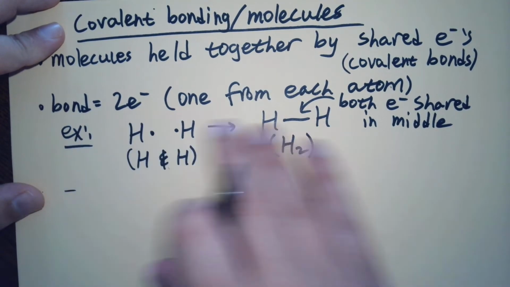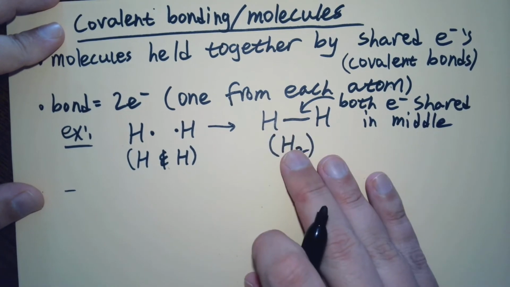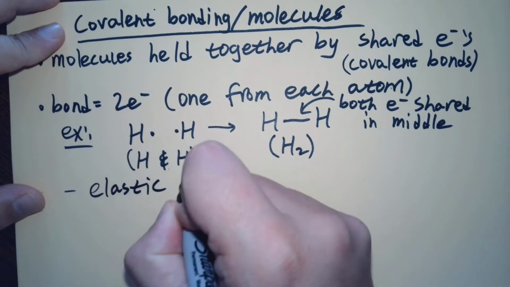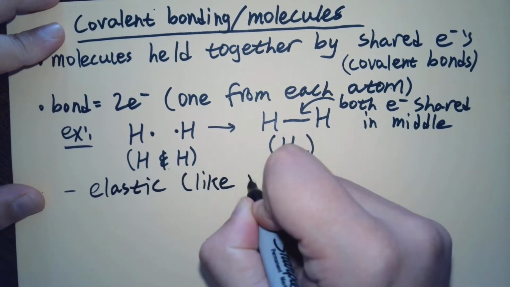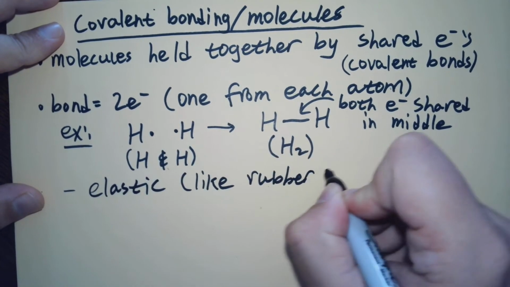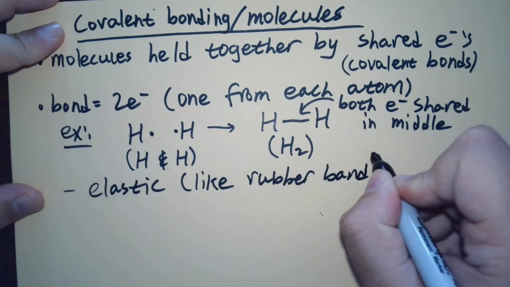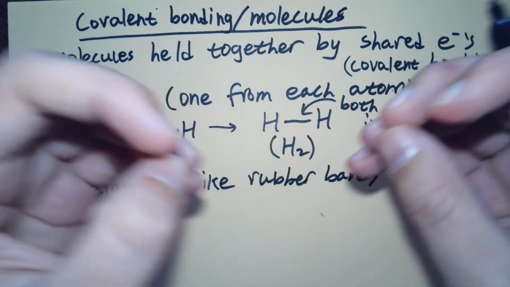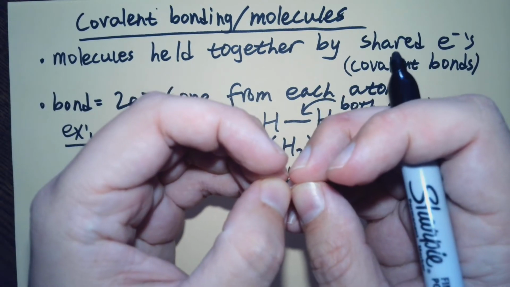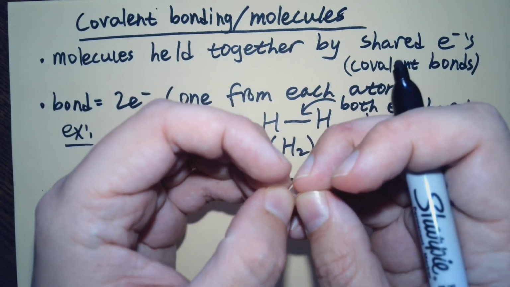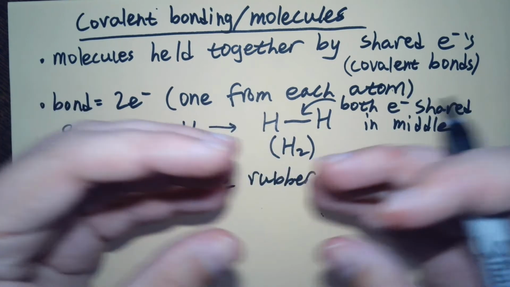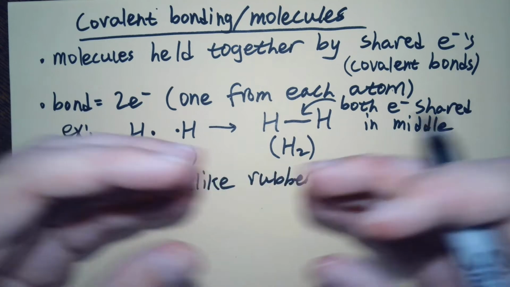So there are 2 electrons being shared in between the atoms, and they're elastic, which means they're like a rubber band. So ionic compounds are like little balls that just stick together. That's it. There's not a lot of movement there, but chemical bonds are dynamic. They're very elastic. They're stretchy.